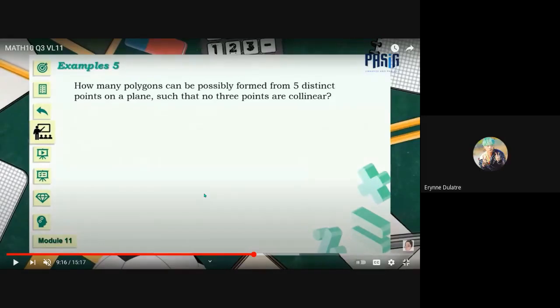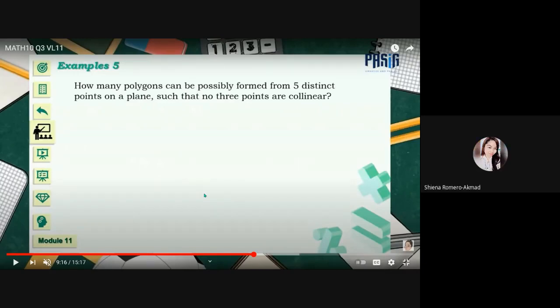Ano pa? Four-sided. Quadrilateral. Kasi yung quadrilateral, nandun na yung square, andun yung rectangle, yung rhombus, and so on. Okay? 5-sided polygon. Pentagon.